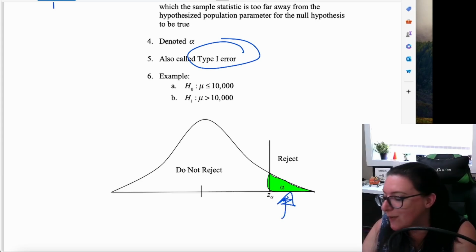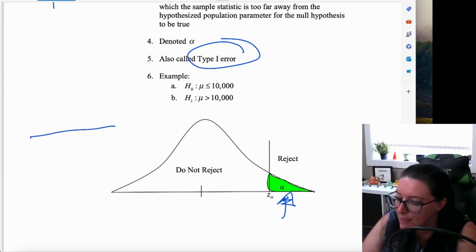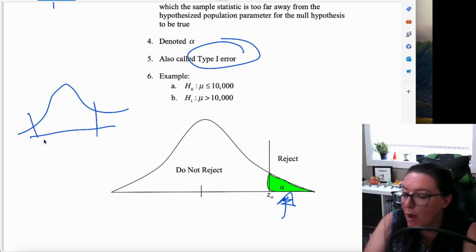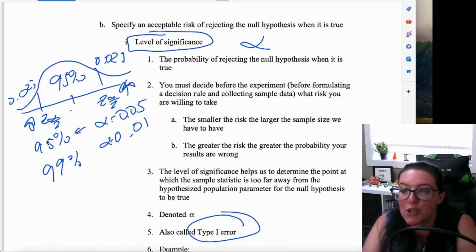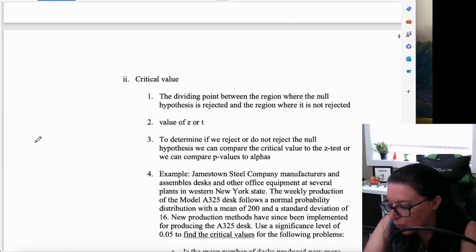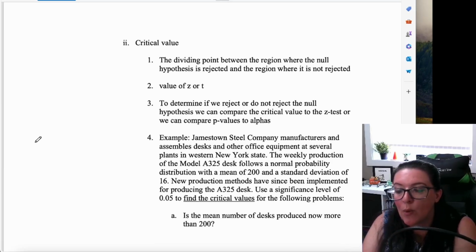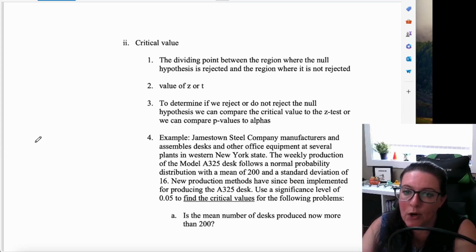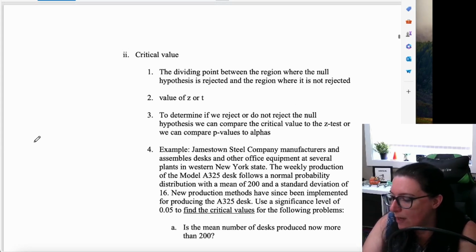That's why it's a one-tailed test, versus in a two-tailed test where we split the alpha into the two different tails. So it is the probability that we reject the null hypothesis even though it is true. So once we know what alpha is, once we know our significance level, then we can find our critical value. Our critical value being that Z or T.